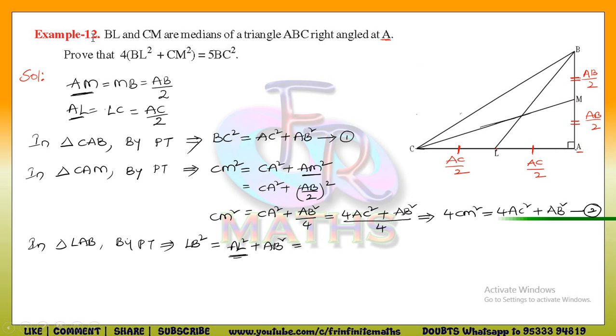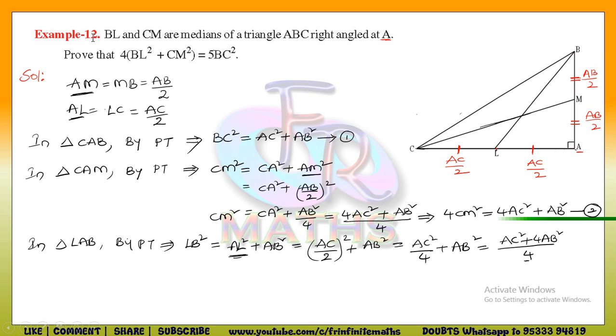AL I can write as AC by 2, so I replace it as AC by 2 whole square plus AB square. AC by 2 whole square can be written as AC square by 4 plus AB square. Now again by taking LCM, 4 is the LCM, so AC square plus 4 times of AB square.